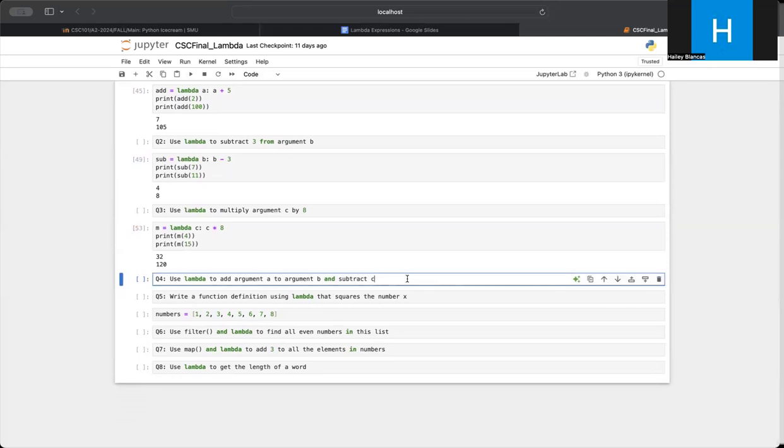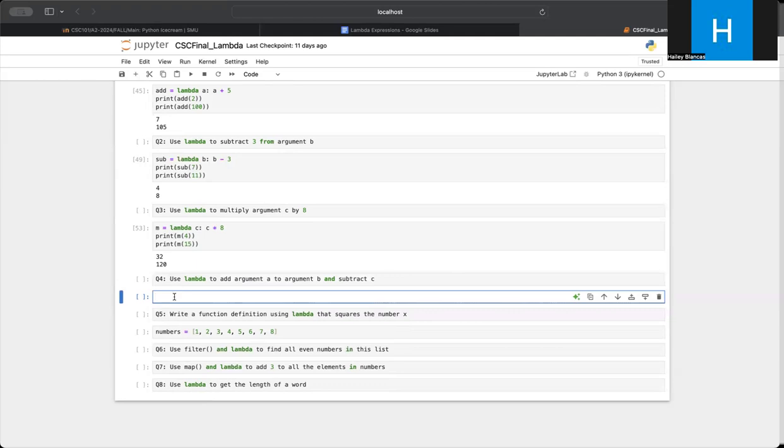Question 4. Use Lambda to add argument a to argument b and subtract c. Let's call this function x. X equals Lambda, and there are 3 arguments, a, b, and c, which we'd write as so. And then we want to add a and b, a plus b, and subtract c from that.